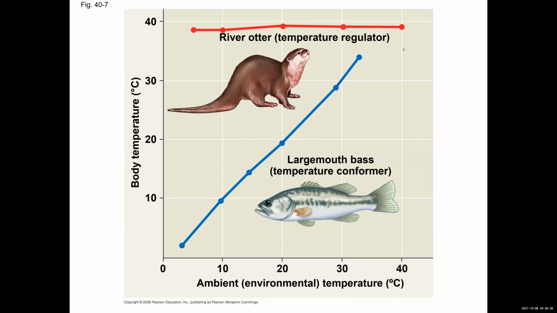All right, so we'll come to a slide in a minute that compares the daily metabolic rates of endothermic and ectothermic animals. Plants are also temperature conformers. They're actually able to regulate their body temperature a little bit, but they aren't the same as endotherms like mammals and birds, right?